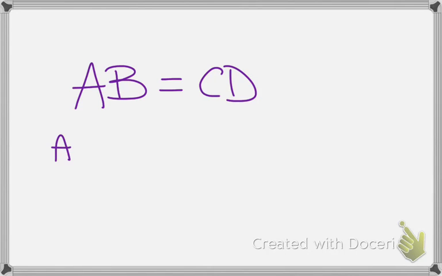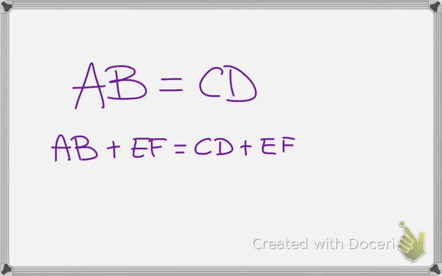And then all of a sudden I do the length of AB plus the length of EF is equal to CD plus EF. What did I add to both sides of the equation? EF, right? I could easily subtract EF from both sides and that would get me back to the original, right? So your addition property of equality says that you can add the same thing to both sides and it'll still keep it the same.